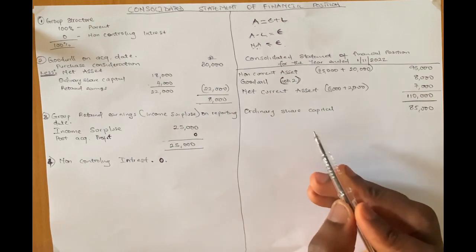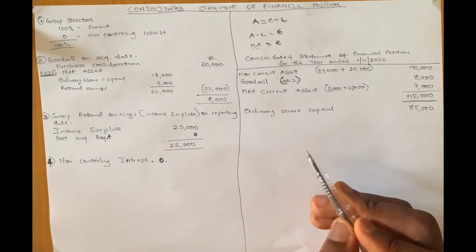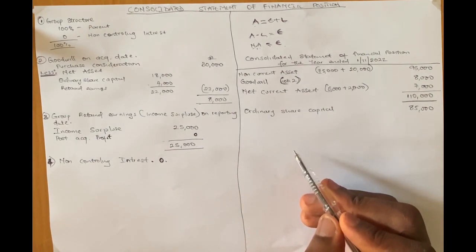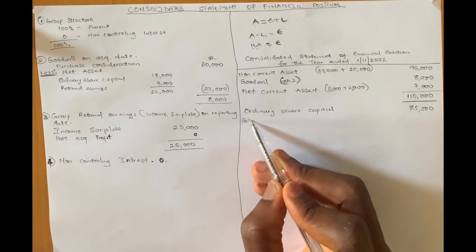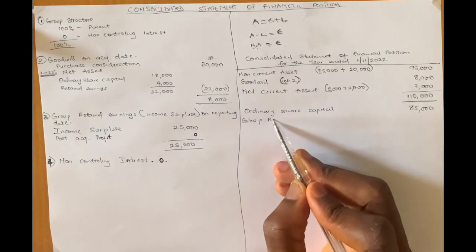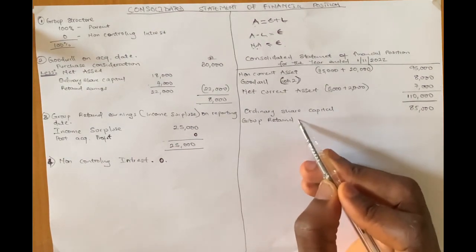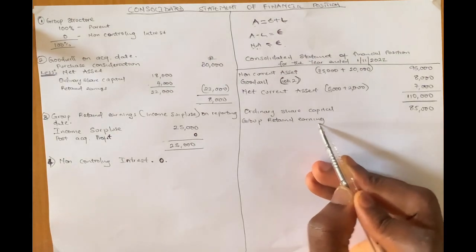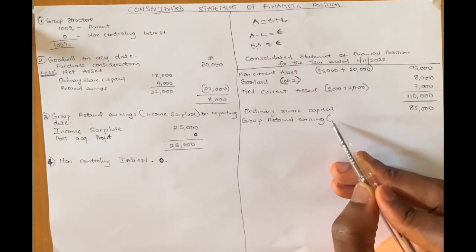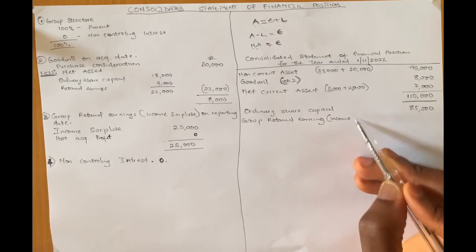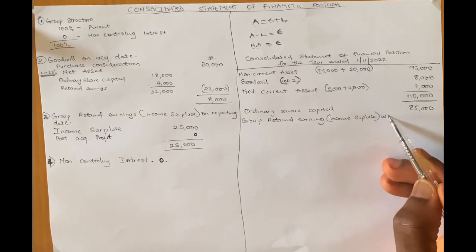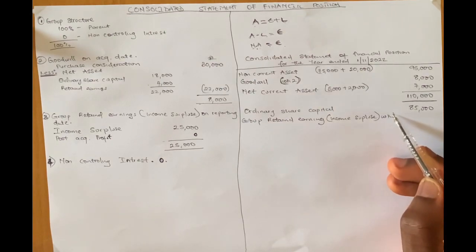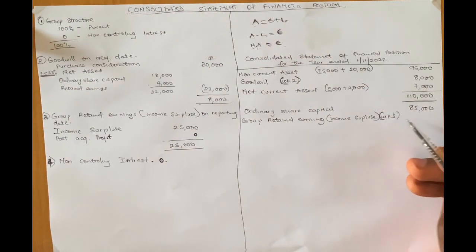After that, we go to our workings 3, which is group retained earnings or income surplus, which is 25,000.